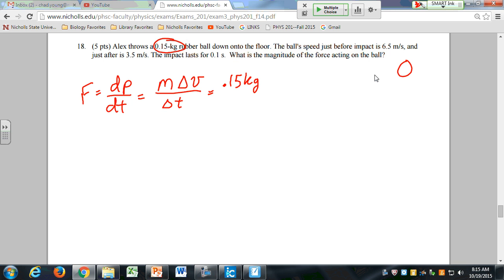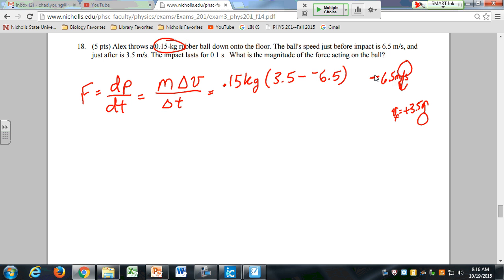I always like to draw a picture. So before, it's going down at 6.5 meters per second. Notice it's negative, and then it goes back up at positive 3.5. This is VF. You gotta watch your signs on this, so just be very careful with your signs. It's going to be 3.5 minus negative 6.5.